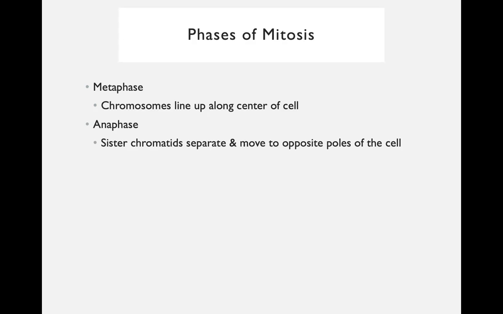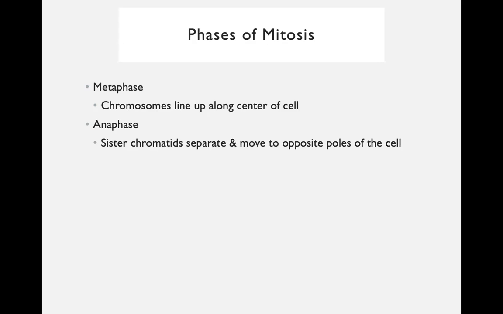So far we've basically just been preparing for anaphase, because we want that DNA to move and separate onto either end of the cell, because that will eventually become 2 cells. So metaphase and anaphase are 2 of the easier ones to remember because there's really only one thing happening.